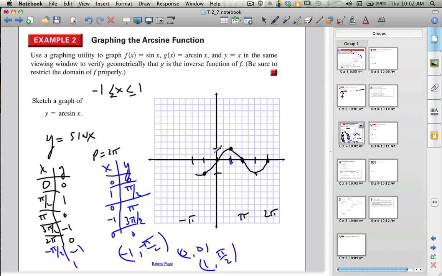So at -1, I'd be at negative π/2. Let's say that's here. 0 and 1. So it follows the same sort of path. But my scales are different, so that's really not particularly fair.